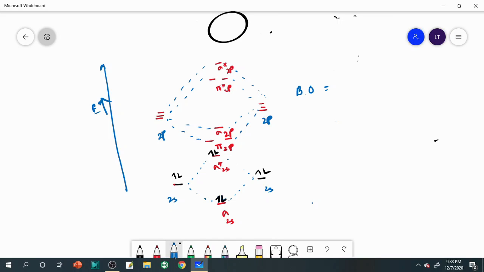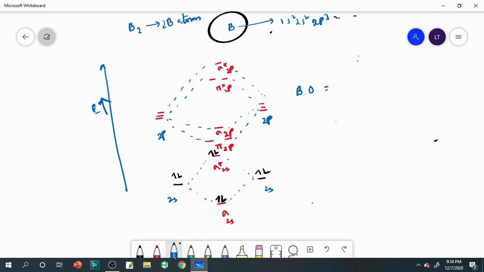Okay, let's continue the discussion. Now our target is to discuss the formation of the B2 molecule from the 2 boron atoms. Now one boron atom has the electronic configuration 1s2, 2s2, 2p1. There are 3 p orbitals, but in the 3 p orbitals only 1 p orbital will be occupied by an electron.